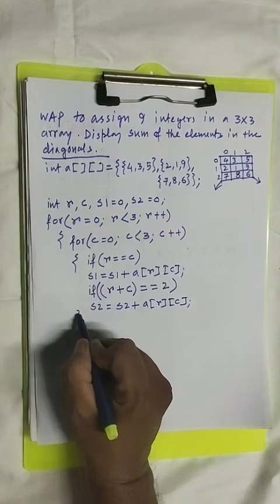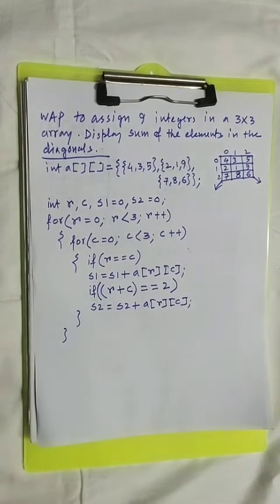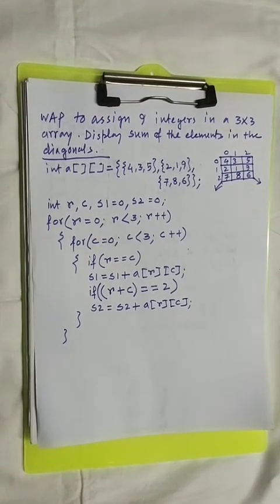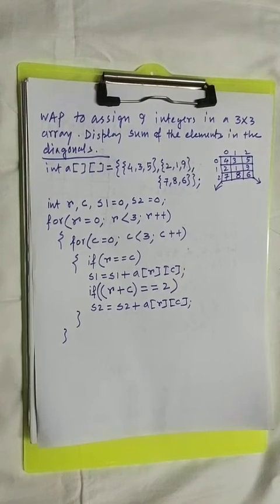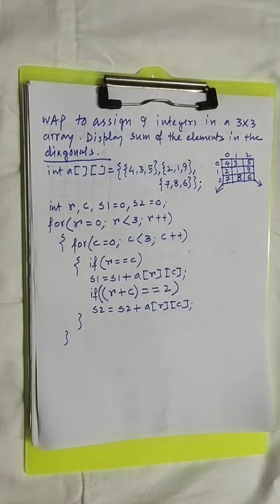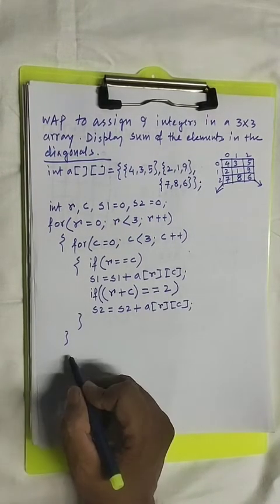Done. So we have completed. We have calculated the sum of the elements in the left diagonal as well as the sum of the elements in the right diagonal. Now S1 is the sum of left diagonal and S2 is the sum of right diagonal. Now we'll print it.